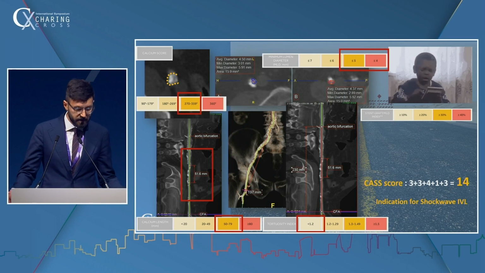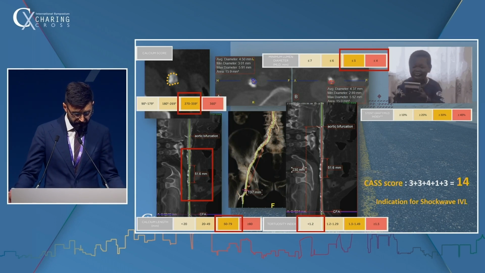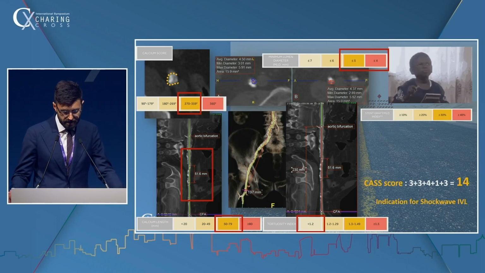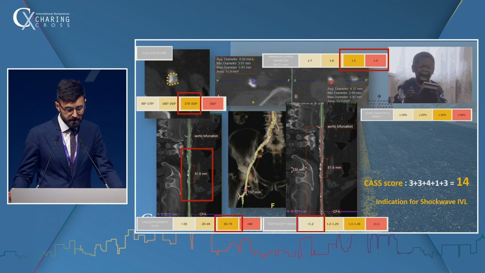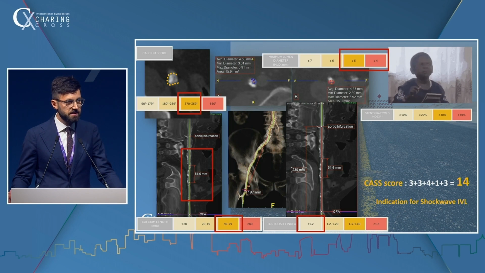After evaluating the calcium score, the length, the tortuosity index, the stent graft index, and the minimum luminal diameter, we obtained a score of 14, more than the fixed threshold of 10, so IVL technology was indicated as a first-line strategy for this specific patient.